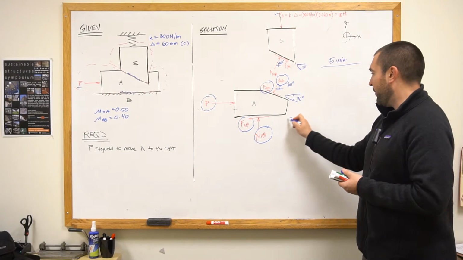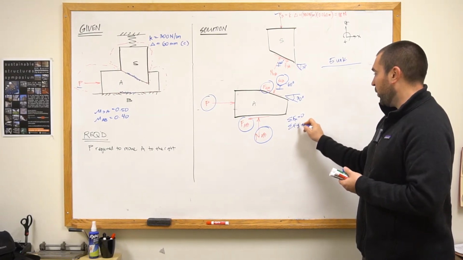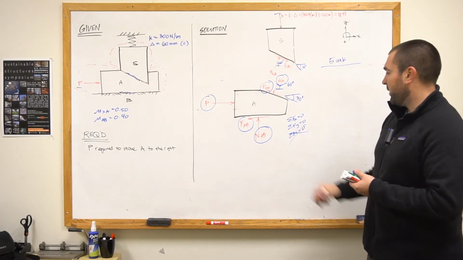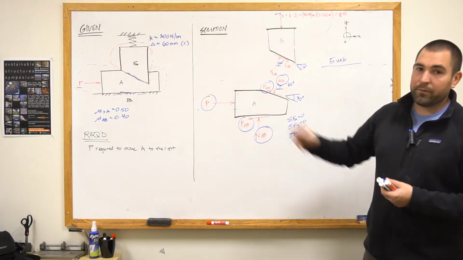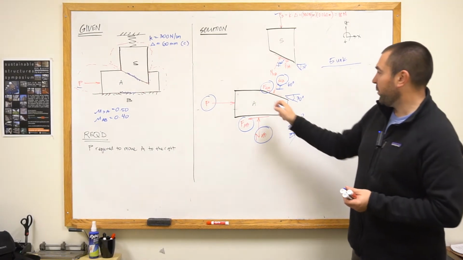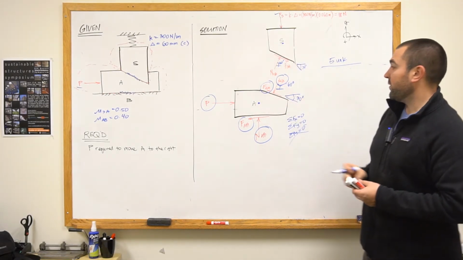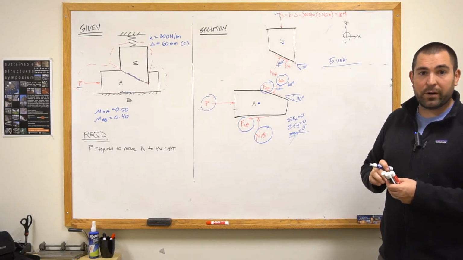So here I might want to write down some of the forces in the x equals 0, some of the forces in the y equals 0, and some of the moments equals 0, but that sum of the moments equation doesn't do us any good because we're not given enough information to figure that out. So really these are idealized as single points in space, but it's still enough for us to be able to solve for everything.